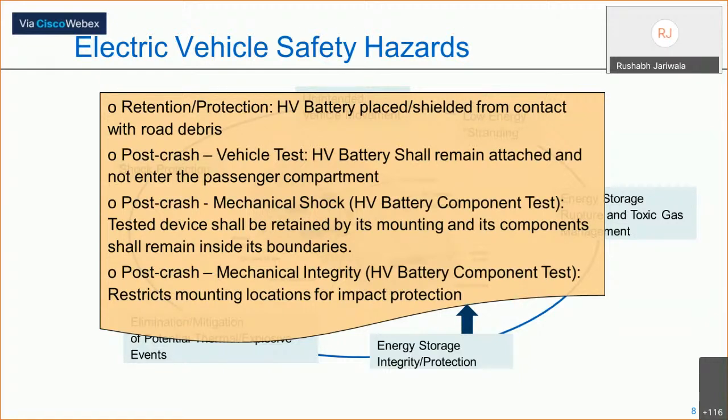This is obvious, because if the 400-volt battery is pushed into the passenger compartment, it is directly going to lead to electric shock if one comes in contact with it. Then after post-crash mechanical shock, the storage device shall remain in its mounting and components shall stay inside the boundaries. That is about designing so that components don't get misplaced and pose a danger of electric shock to anyone.